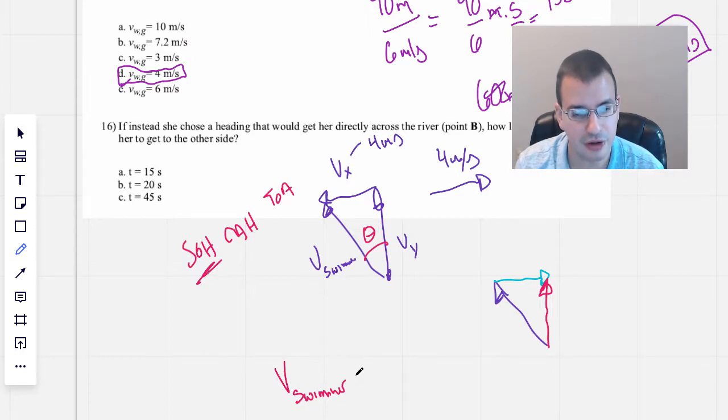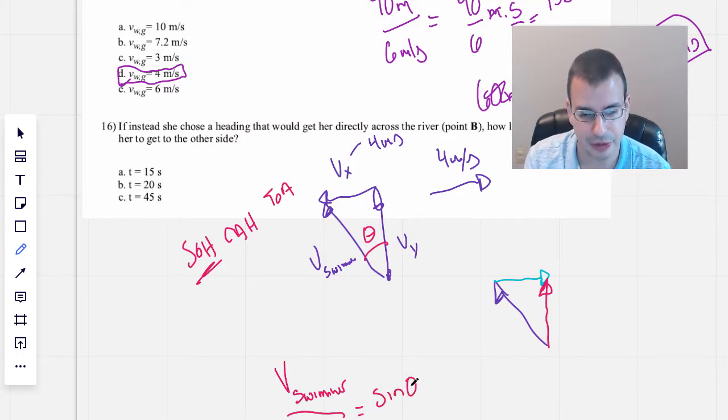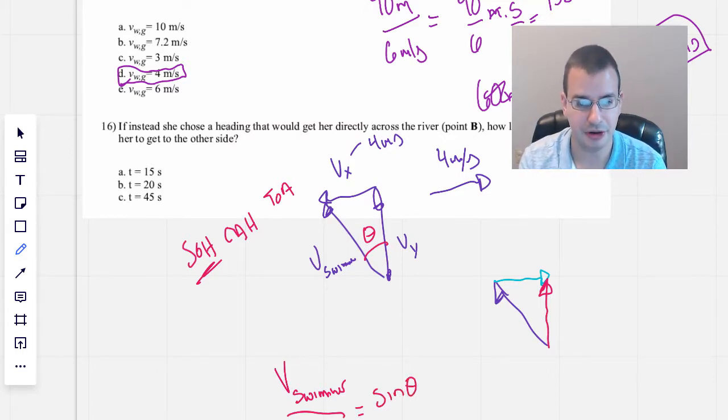So velocity swimmer is the hypotenuse. So sine theta equals opposite over hypotenuse, Vx over V swimmer.